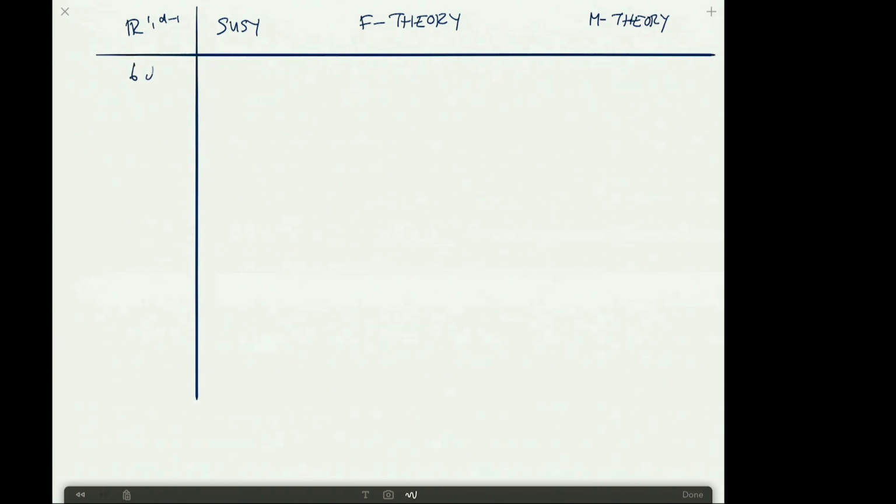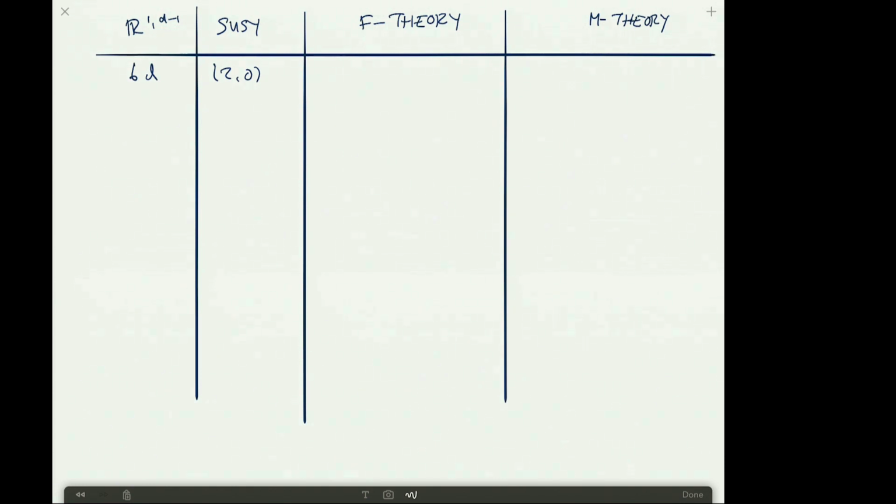So as I said, in 6 dimensions, there is the supersymmetry, which is (2,0), and that was just type IIB. So that's T^2 times C^2 mod Gamma_ADE, or more generally a K3, which is a Calabi-Yau twofold.